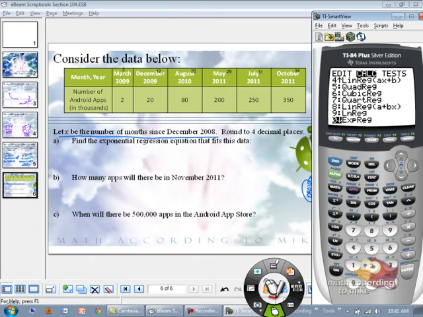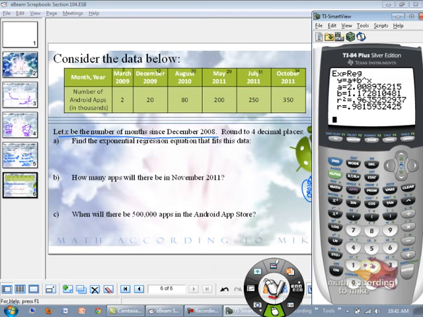And you basically hit enter twice. Depending on the data, it may take some time. Again, you might only have an R. You may not have the R and the R squared. The whole purpose of the R and the R squared is to say how good of a fit it is. The closer those numbers are to 1, the better the fit. So 0.96 and 0.98, we're pretty good.